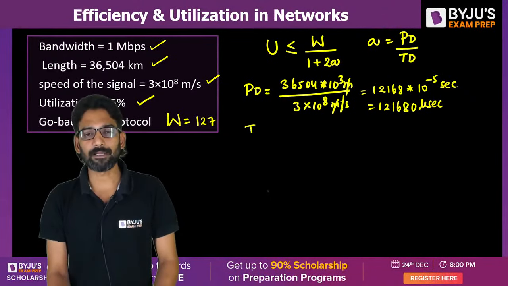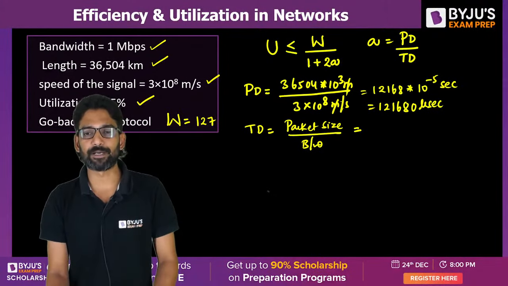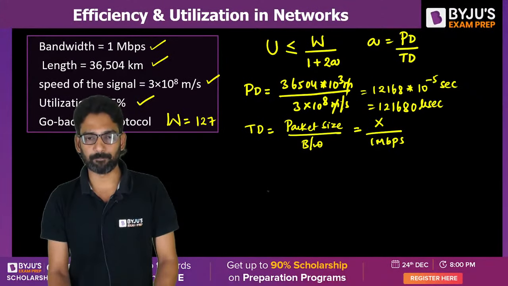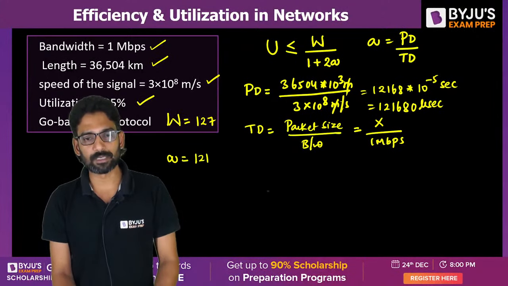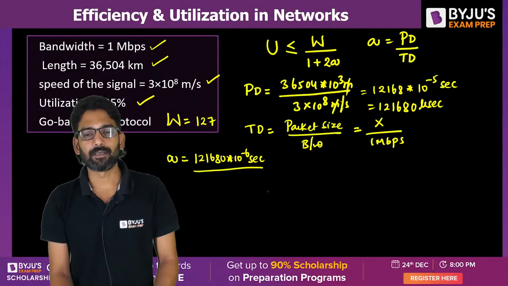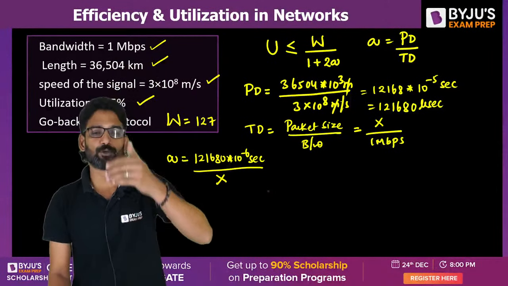Now transmission delay is what? Packet size by bandwidth. Packet size is what I want to find out. Let it be X. Bandwidth is given as 1 megabit per second. So now what would be A? A is equal to PD, 121,680 into 10 power minus 6 seconds, divided by TD, packet size X by bandwidth, which goes to the numerator.